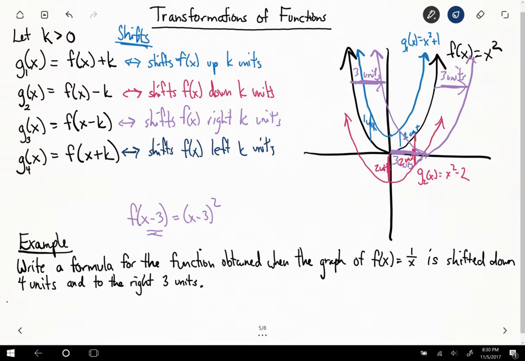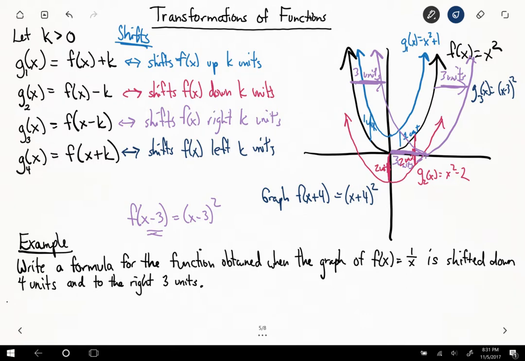And if you're wanting to see that, my suggestion would be to graph f of x plus 4, and that should equal, by the way, x plus 4, the quantity squared. And you'll notice right out the gate, negative 4 should give you 0 as an answer there. Oh, I forgot to write out what that was. So the g3 of x, sorry, up here, equals x minus 3 squared. That would be an example.